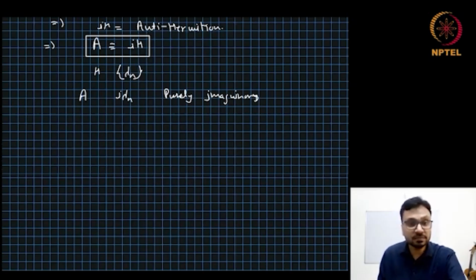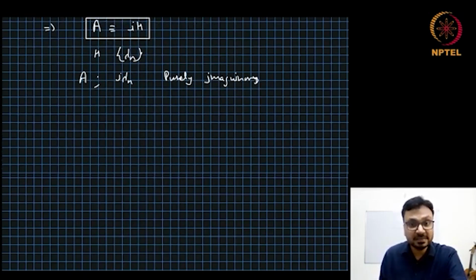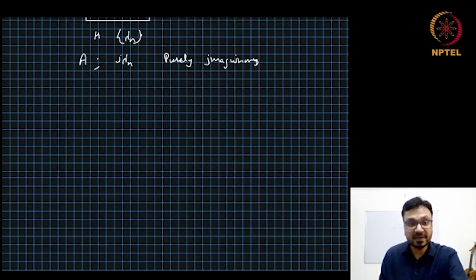In that way, we can define many other properties. The eigenvectors will remain the same. So eigenvectors of an anti-Hermitian operator are always orthonormal and complete. And whatever property we have for a Hermitian operator, we can see how it translates to an anti-Hermitian operator.